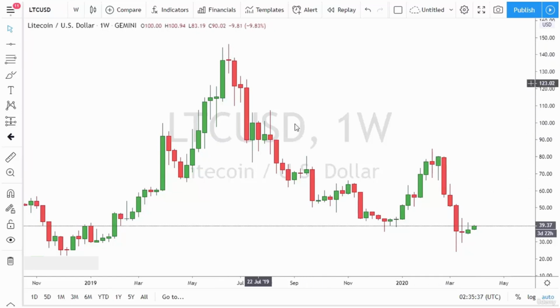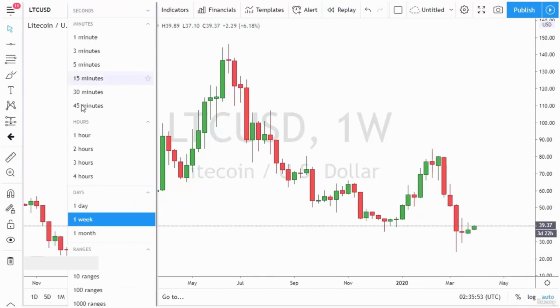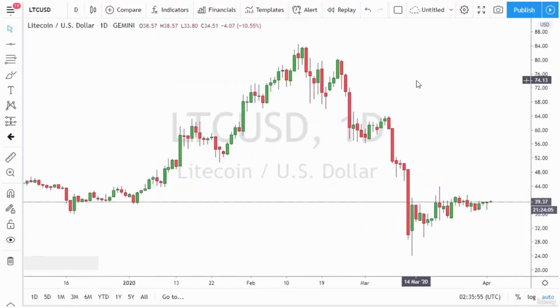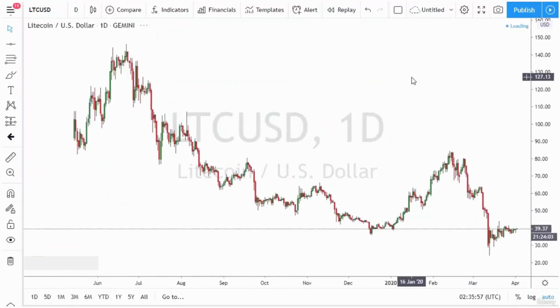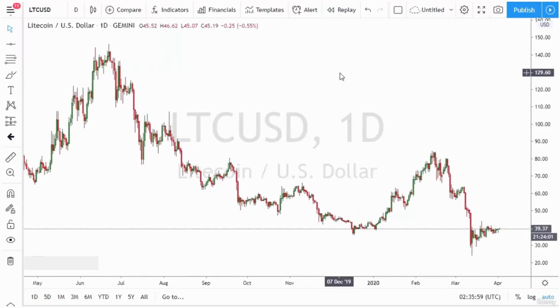We started at $150, dropped to $35, bounced to 84-ish, 85-ish, which sounded nice, but then rolled over again to continue this. So that is one way to look at it. And if you go back to the daily, it does tell you the same information. It's just with a lot more candlesticks.